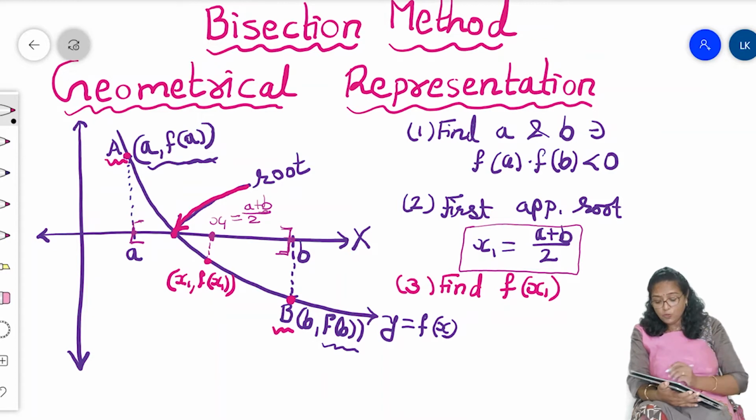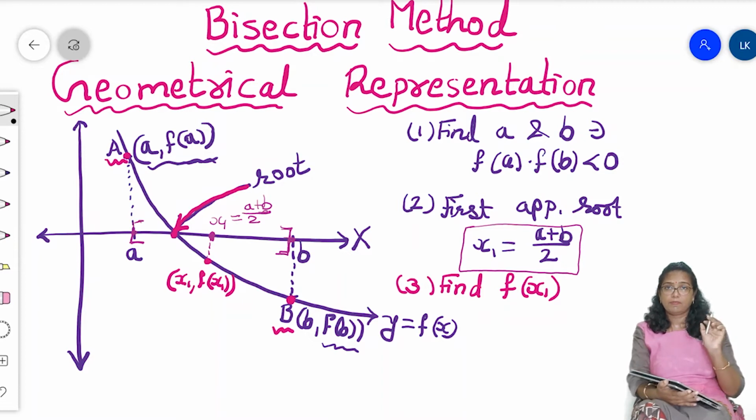Our aim is to find this intersection point by using the bisection method. And in the bisection method, how to find the first approximate root? Its formula is x1 equals (a plus b) divided by 2.